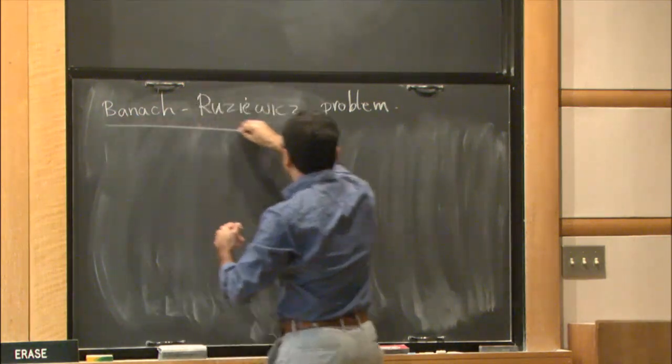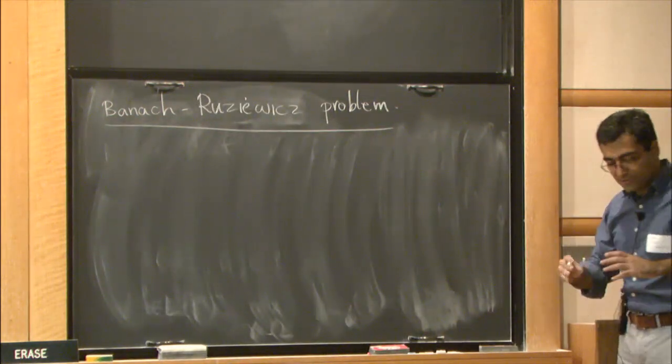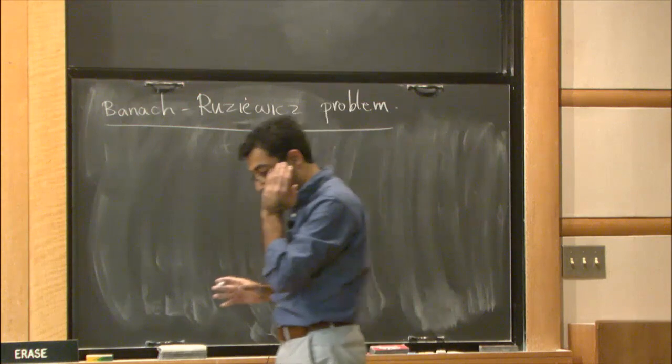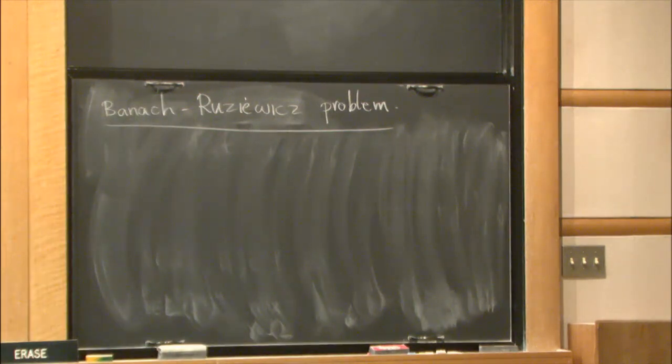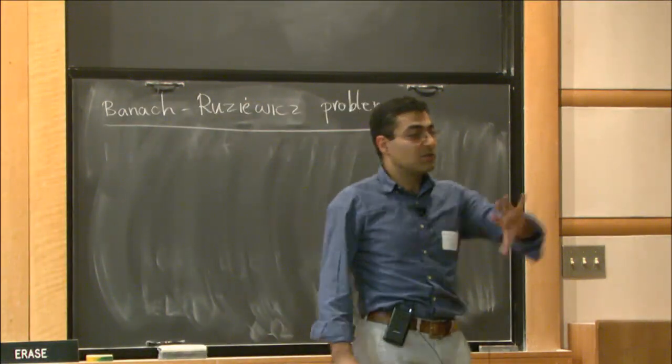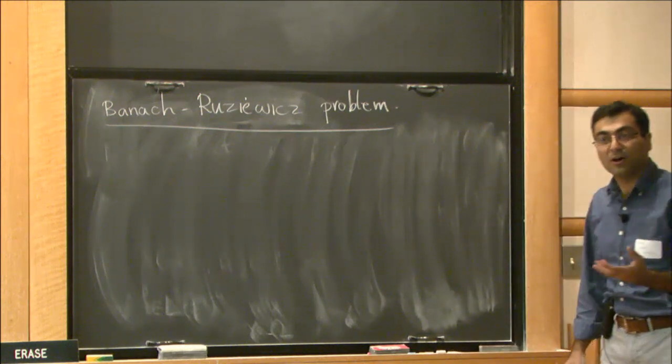So Banach observed that, in fact, probably all of you have heard that you can cut the circle into infinitely many pieces and then put it together and get two circles. This means that there are finitely additive measures on the circle that are rotation invariant, but they are not Haar measures.